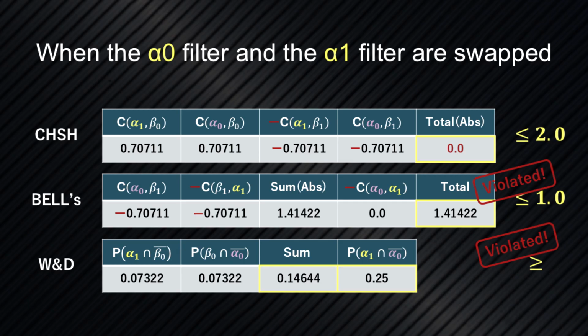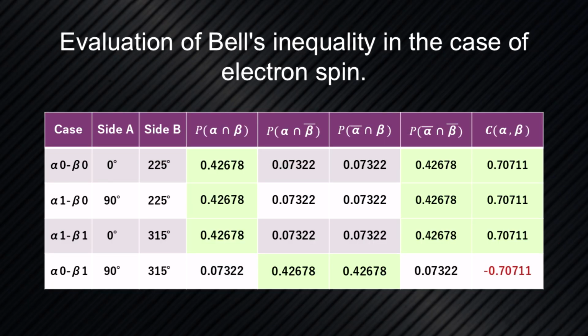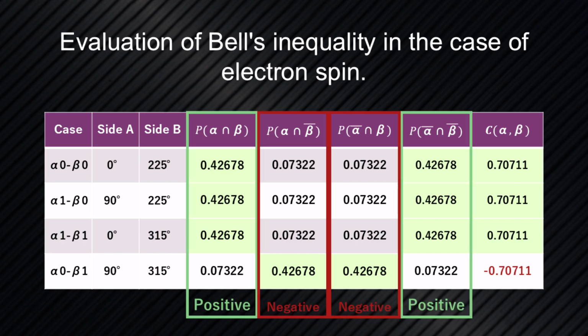Now, as an experiment, let us consider swapping alpha 0 and alpha 1 on side A. As shown in the table below, in this case only the CHSH inequality is not violated. To see why, let's go back to the first table. When calculating correlation from probability, the middle two of the four probability terms in the table are subtracted, so a minus sign is added.